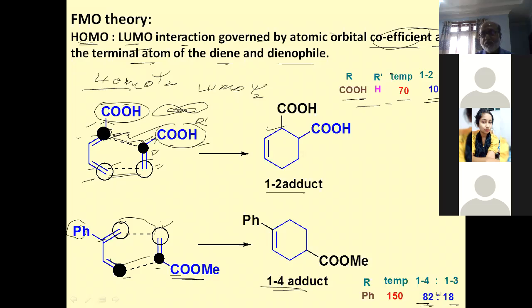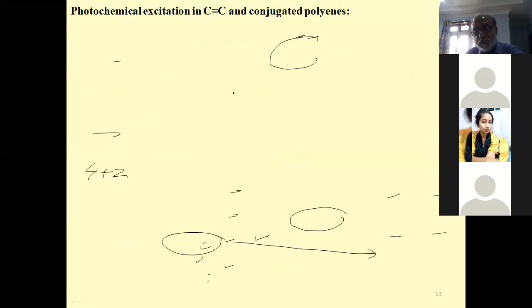This is your orbital coefficient. It has nothing to do with delta positive and delta positive interaction. It's not an ionic reaction. Got my point? Okay.